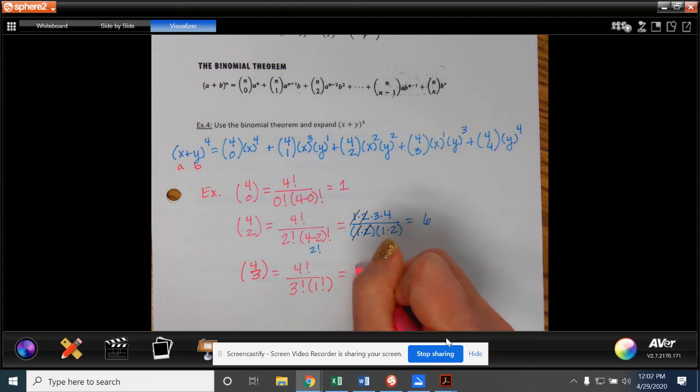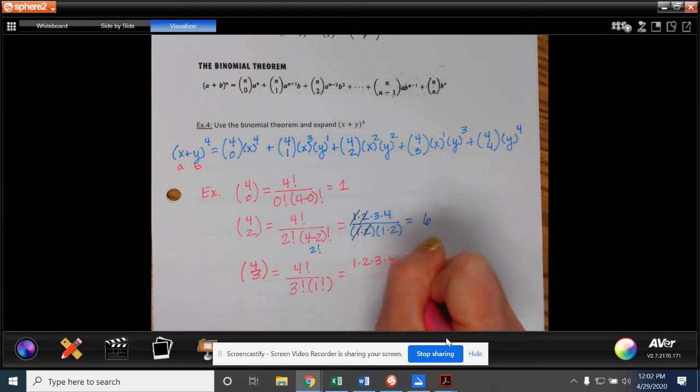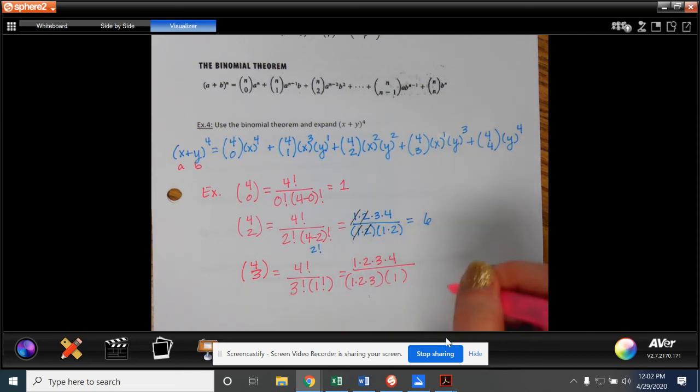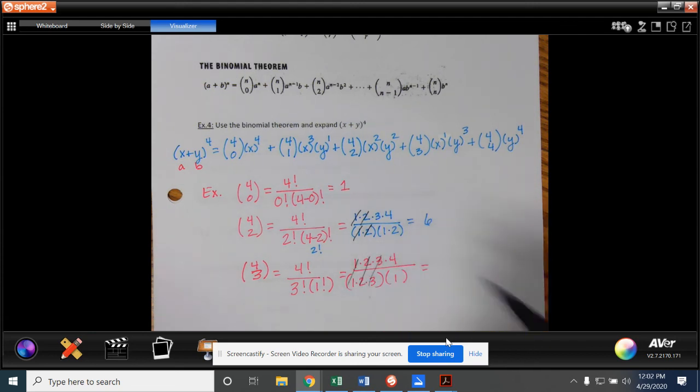So again, we are back to 1 times 2 times 3 times 4, or the way the book normally does it, 4 times 3 times 2 times 1, and this is 1 times 2 times 3, and then this is 1. On this one, look at reducing it. If you want to quickly do that in your head, of course you can, and you get 4.